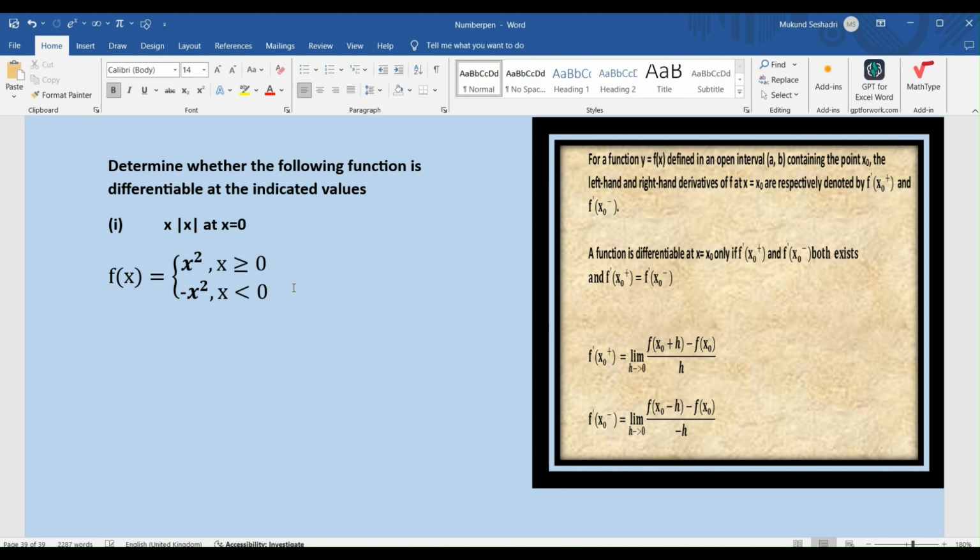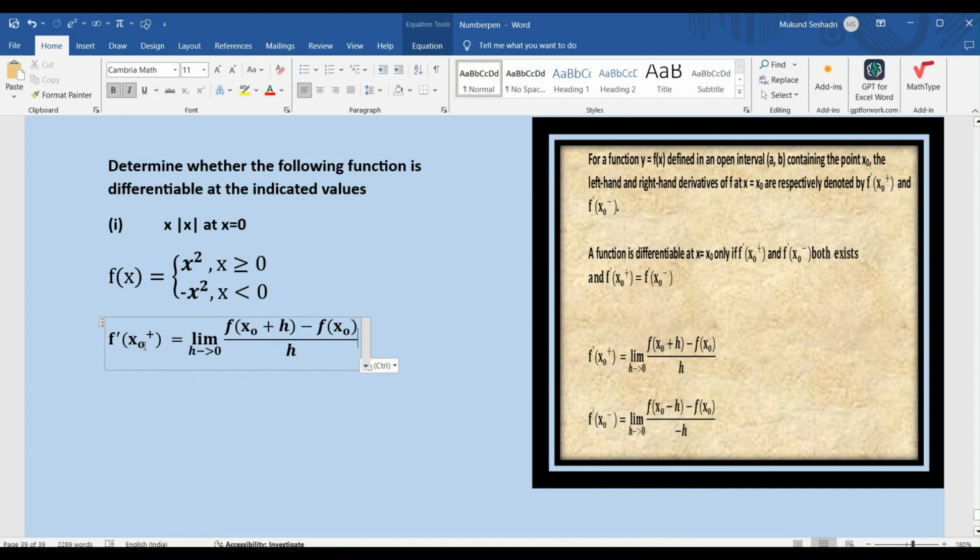x mod x. And now we've been asked to find the differentiability of the function at the indicated value. Our indicated value here is 0, right? That is our x naught is equal to 0. So like we did in our previous videos, we will start off with our RHD. So my RHD is f dashed of x naught plus, right?